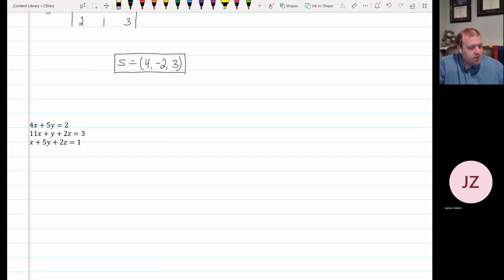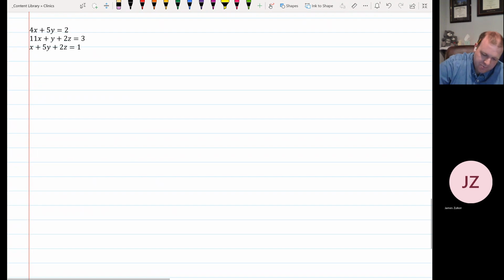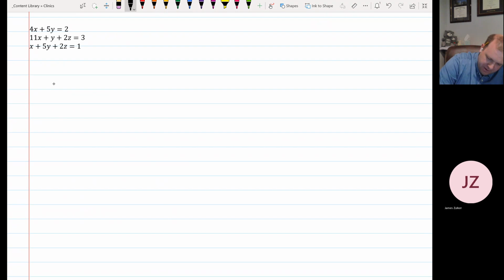All right, so for this system we want to do the same thing. Set up the coefficient matrix. There is no Z, so the coefficient is 0.